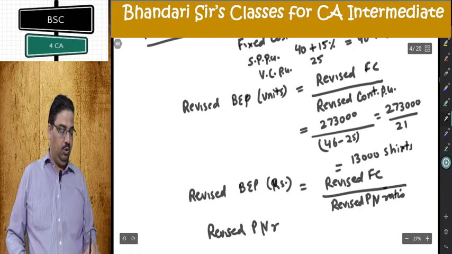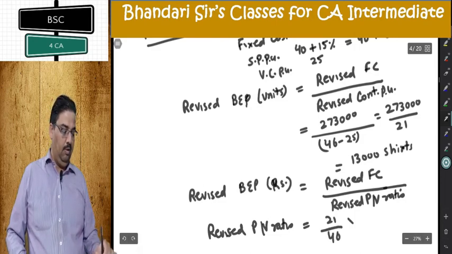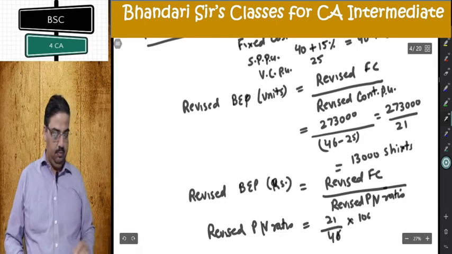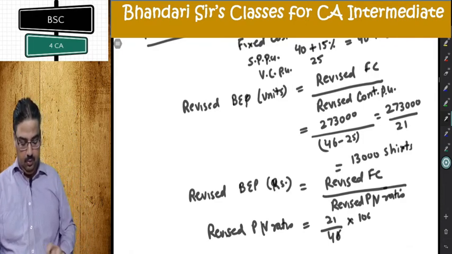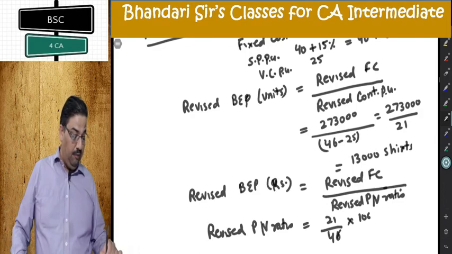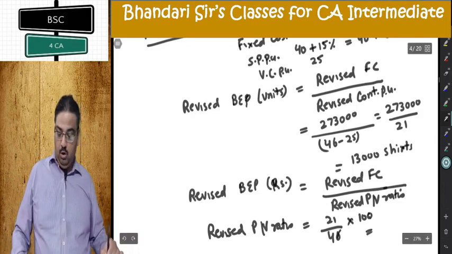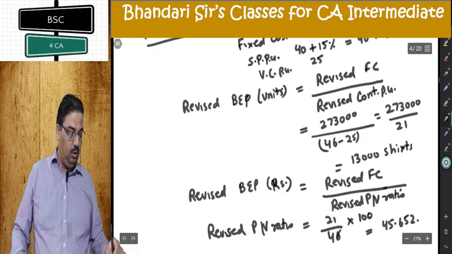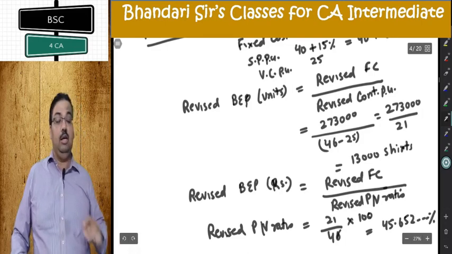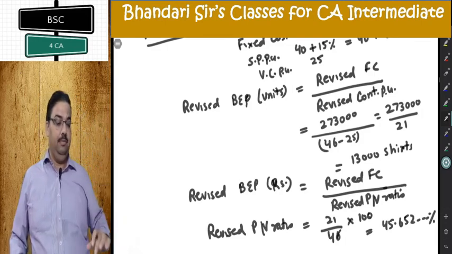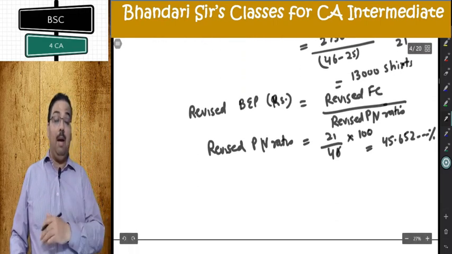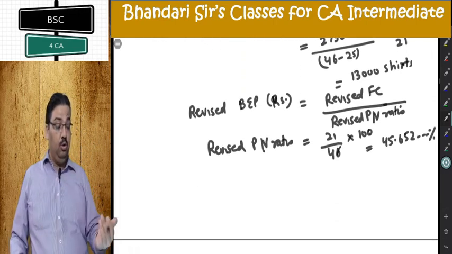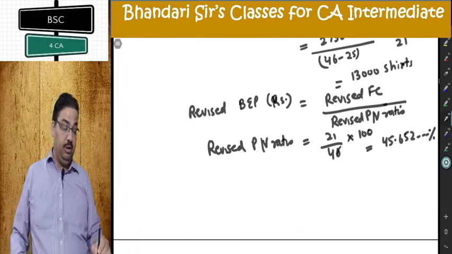Revised PV ratio: 21 divided by 46 into 100. Now it is coming in fractions. Make sure you are not going to approximate. 45.652 dash dash dash percentage. Dash dash dash means I'll consider till the end. Keep it in memory, you'll be able to use it.